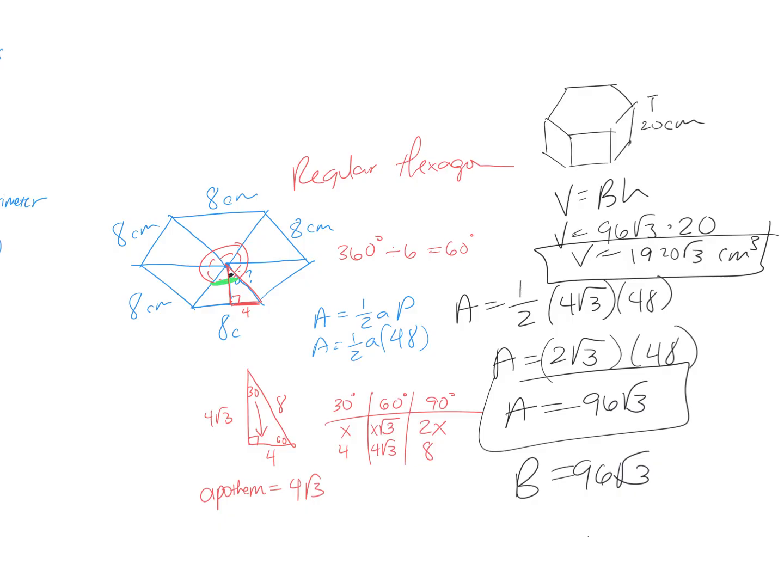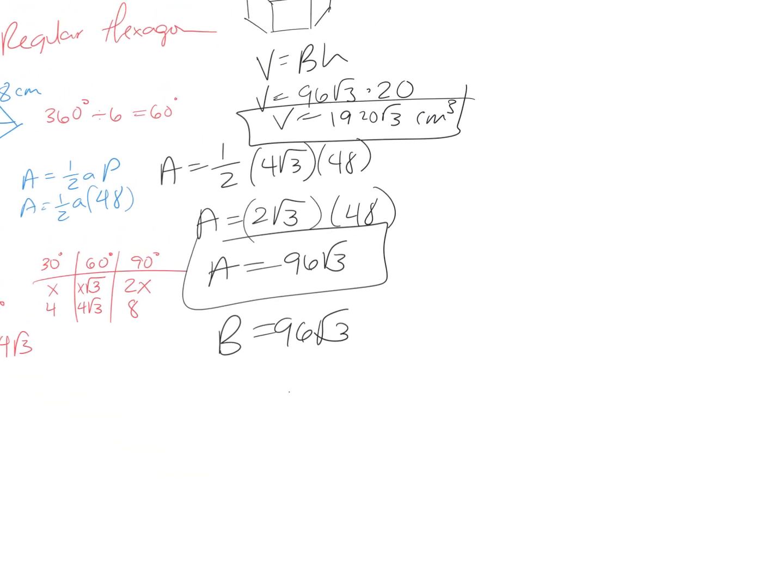Be careful when you round, though, because you need to pay close attention to what they tell you. If they tell you to round to the nearest tenth, hundredth, sometimes they'll tell you round to the nearest cubic centimeter. Students are like, what the heck is that? That just means nearest whole number. So let's try that. 1920 times square root of 3, if we turn this into a decimal, is 3,325.537.